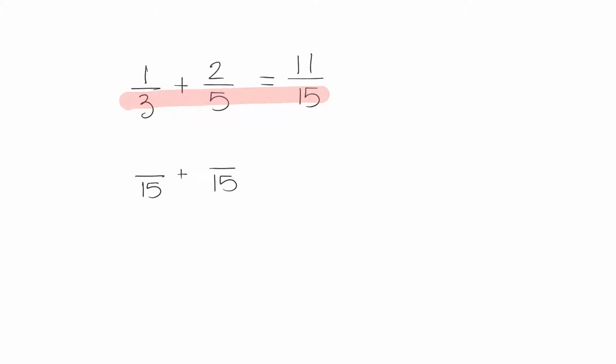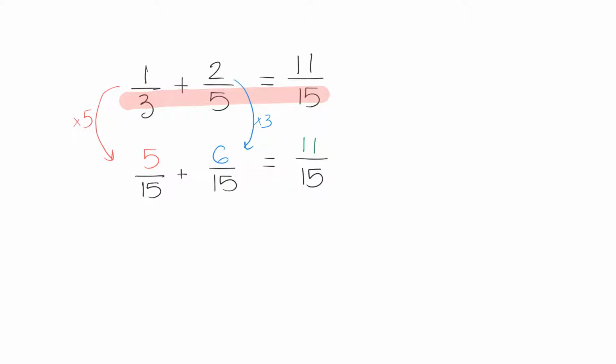So if we do that, on this one, we multiplied by 5. So 1 times 5 is 5. And on this one, we multiplied by 3. So 2 times 3 is 6. And over here, of course, we just left that. And 11 times 1 is 11. So this checks out.